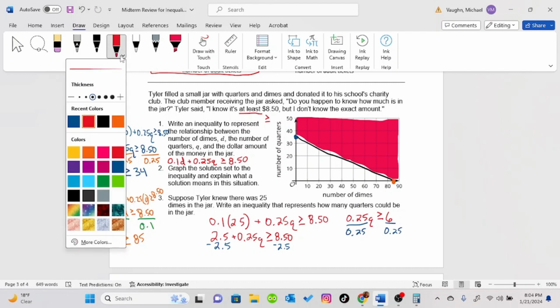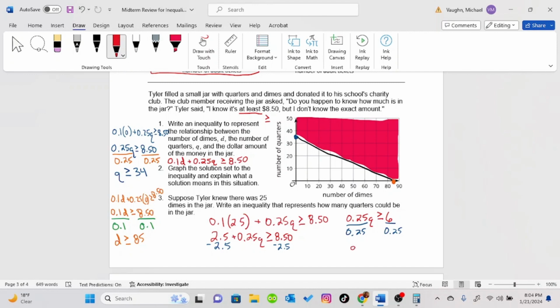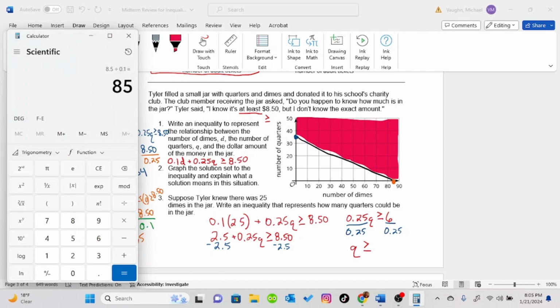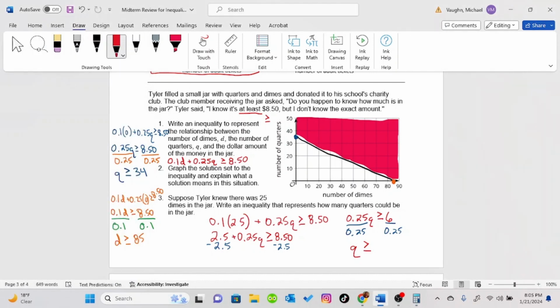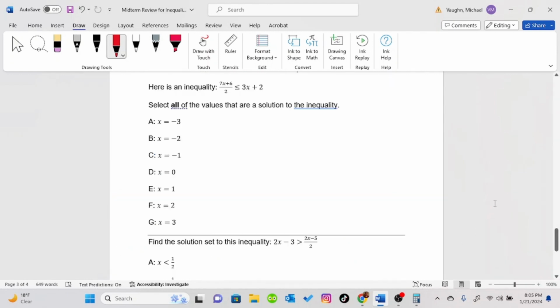And we find out that the number of quarters must be greater than or equal to 24. So if we know there are 25 dimes in the jar, we know there must be 24 quarters or more in the jar.